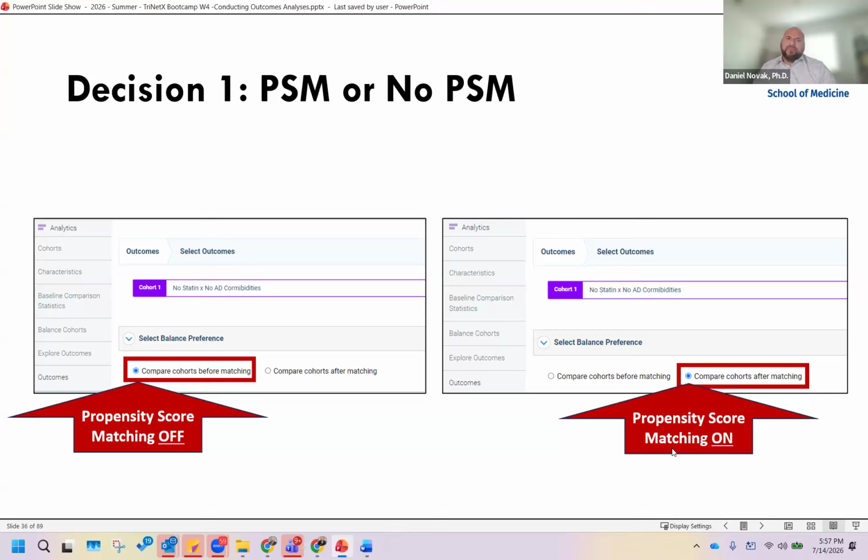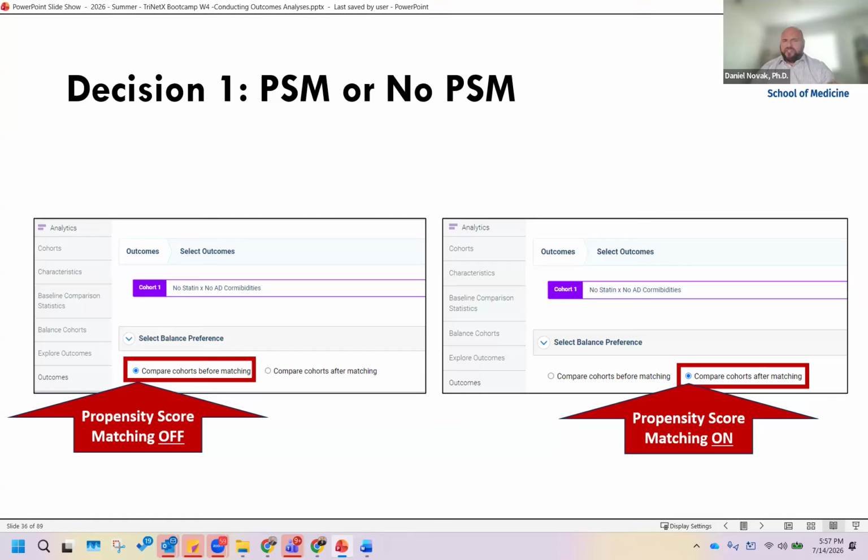So propensity score matching, I'm going to say for almost all of the kinds of studies you're going to do in TriNetX, I would strongly recommend propensity score matching. There's almost no situation where you wouldn't want to at least control for some basic variables like age, right?